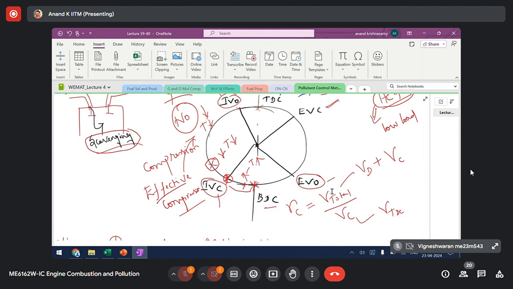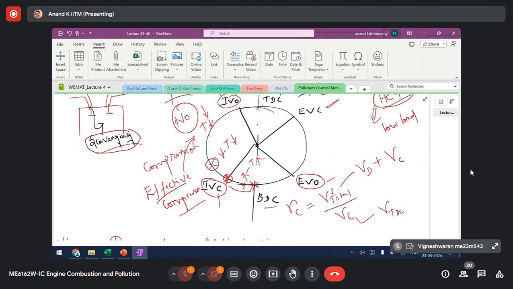If my IVC is more close to BDC, my effective compression ratio is more and temperature is more, correct? Yes. It all depends on when you start the effective compression process. You can even start at BDC. If you start at BDC, the compression effect is more, and temperature will be high. If you move away from BDC and start the compression process, the temperature in the cylinder is going to come down.